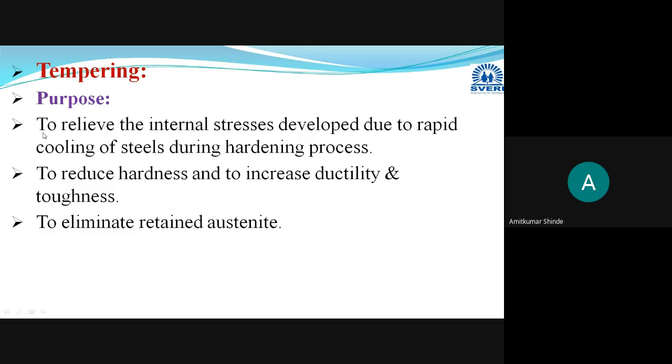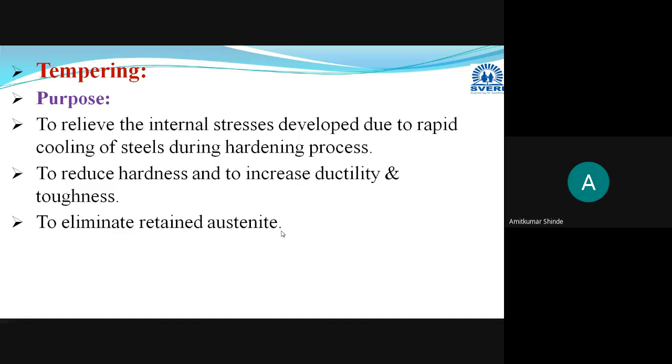First, to relieve the internal stresses developed due to the rapid cooling of the steel during the hardening process. Second, to reduce the hardness by improving its ductility. And third, to eliminate the retained austenite. So these are the three main purposes of performing the tempering heat treatment process.